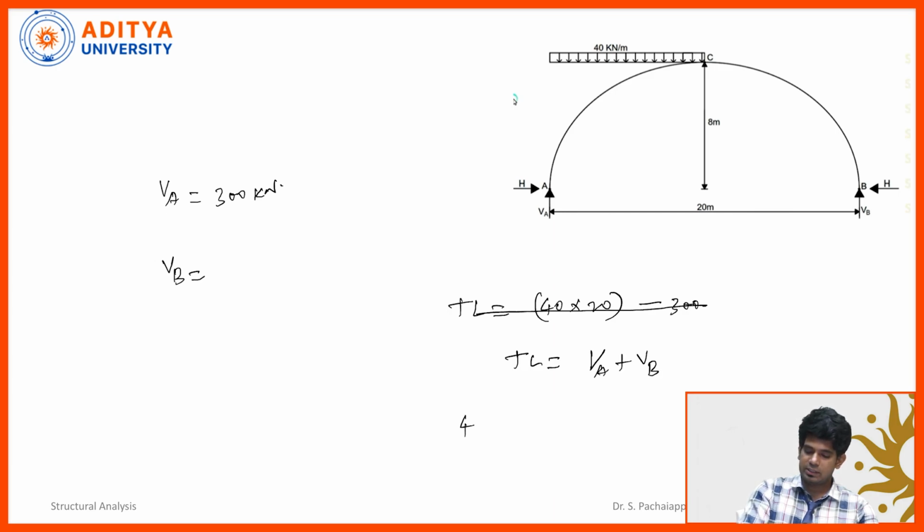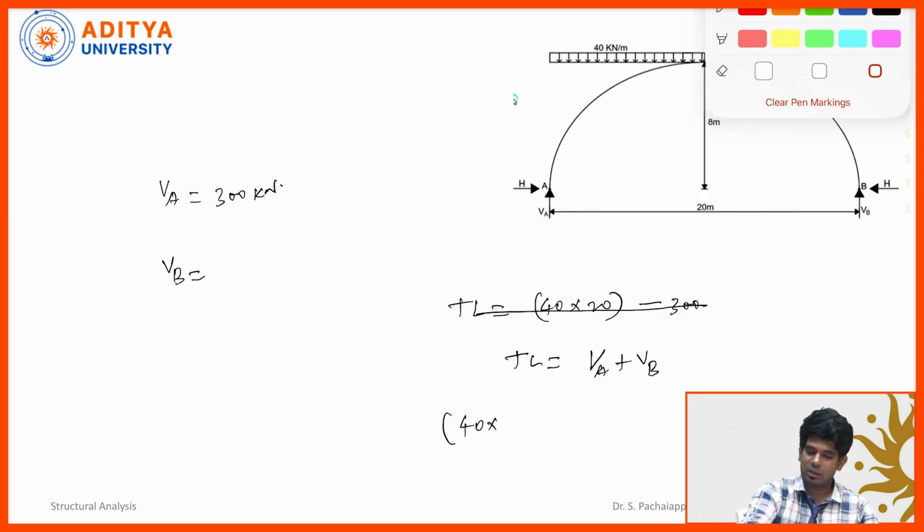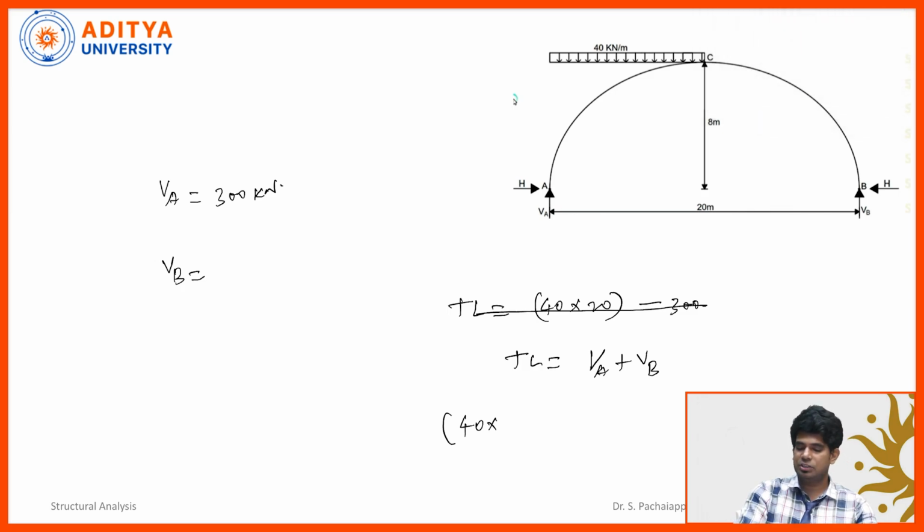The total load is not 40 multiplied by 20. 40 is the intensity of the load, but this load is acting only over a 10 meter distance, only part of the span having the UDL. So, we cannot consider 20.